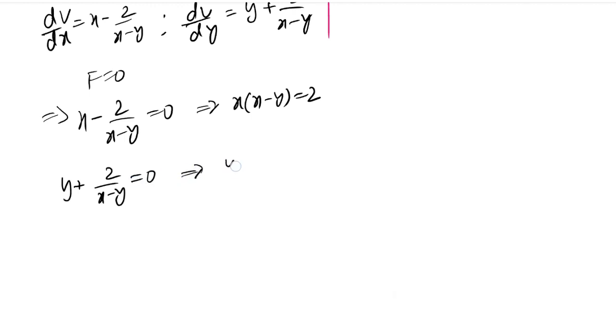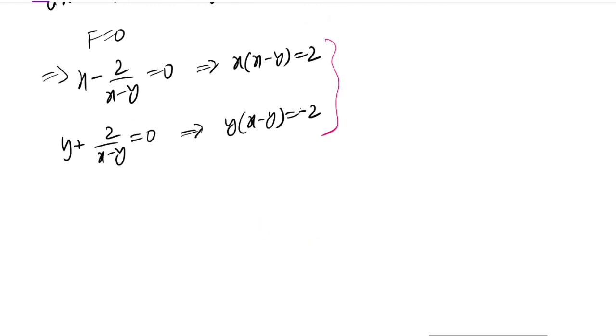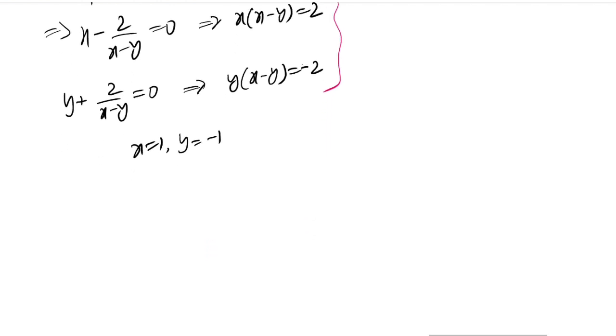Again we will get y into x minus y is equal to minus 2. Now if you observe here, we have two equations. So these two equations are only possible when x is equal to 1 and y is equal to minus 1. So that means we have an equilibrium point at xy is equal to 1 comma minus 1.